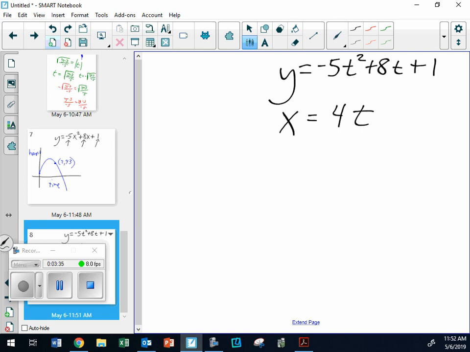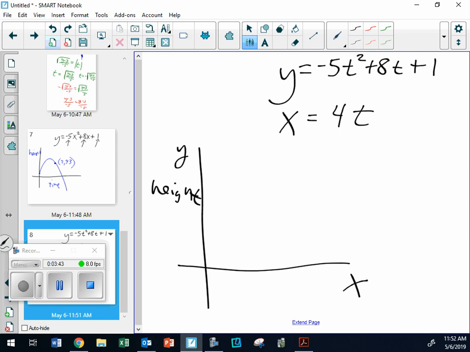Just to clarify, when this graph would be done, this would be still height. But the x here on this axis would be the distance away from you laterally. What's a nice short way to say that? How about horizontal distance?